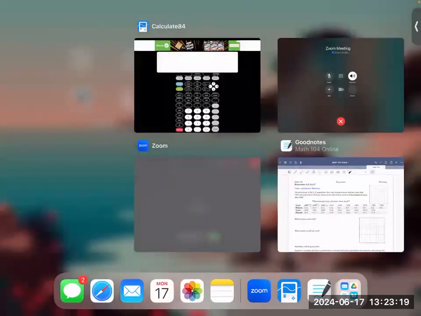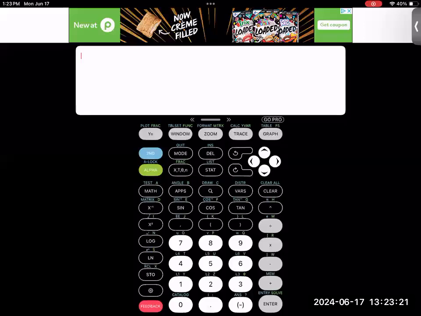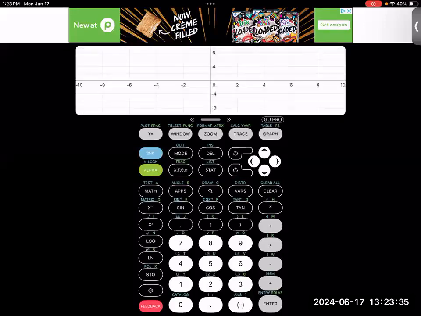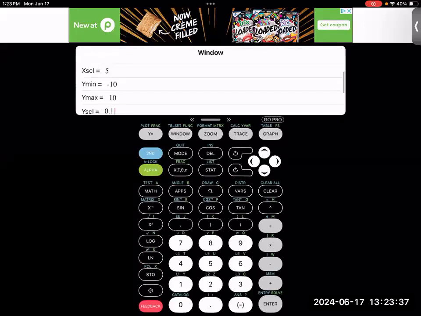I've already entered in our data and double checked it. Make sure that yours is also double checked. We want to make sure that your scatter plot is on before starting. And when you hit graph, if you still don't see anything, that's because your window is off.